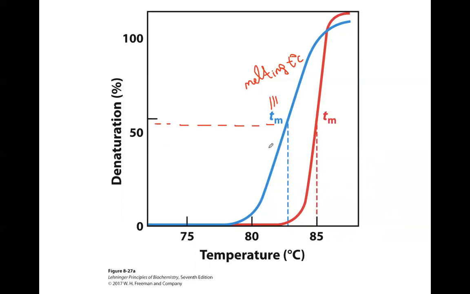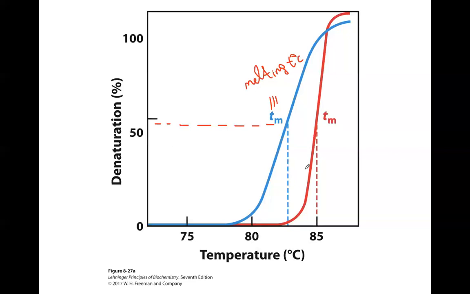Okay. So looking then at these two curves, these correspond to two different DNA fragments. Which fragment is more stable towards denaturation, the red one or the blue one? Which one is not denatured as easily as the other one? The red one.